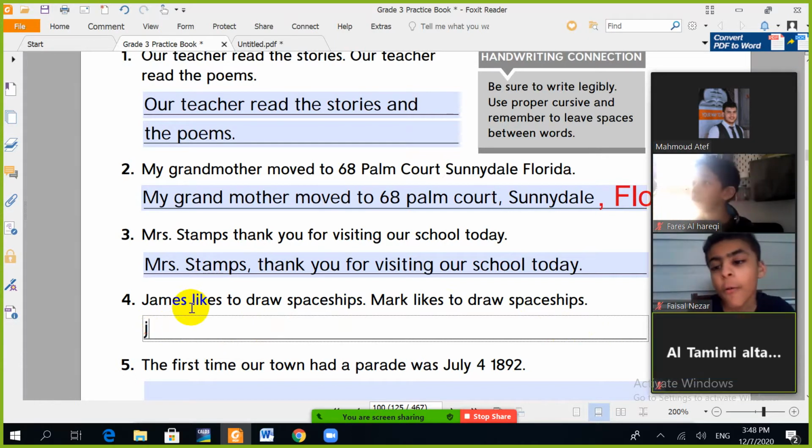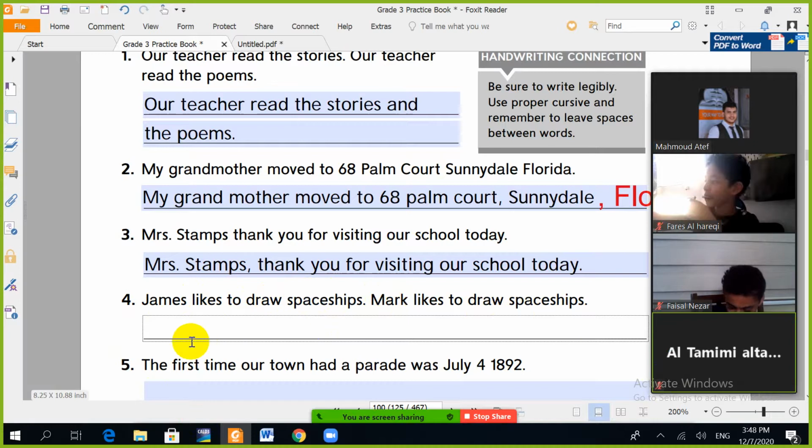So we're going to say James. Here we have likes to draw spaceships, and we have likes to draw spaceships, but we have different subjects, James and Mark.